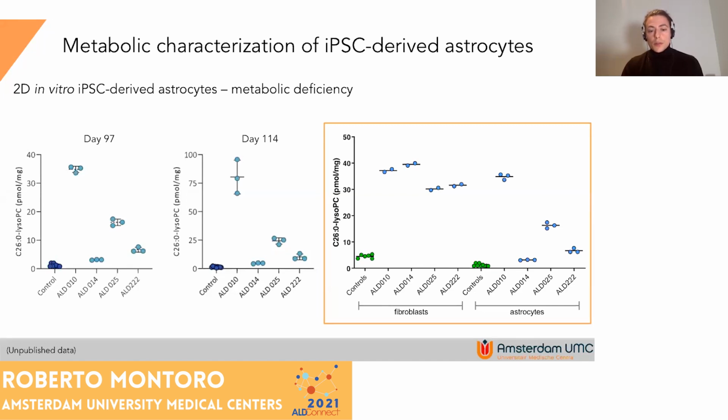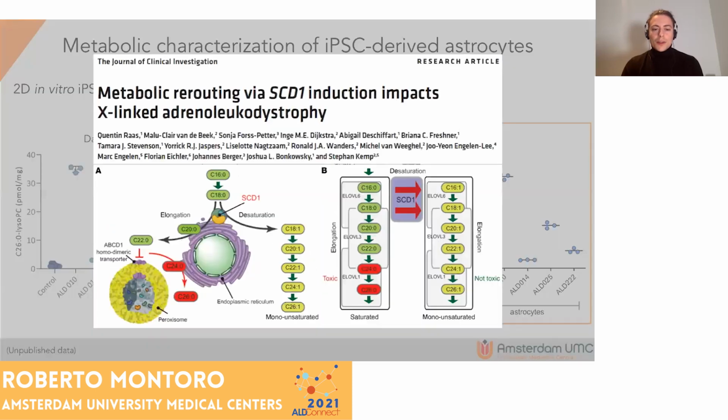And currently, to get deeper into the lipid profiles of these cells, we are running some lipidomic experiments, but I still don't have the data, and hopefully that comes soon. But we wanted to check something because there was a recent publication in which they increased the expression of SCD1, an enzyme that mediates the transformation from saturated to monounsaturated fatty acids.